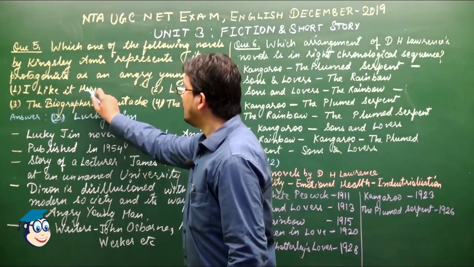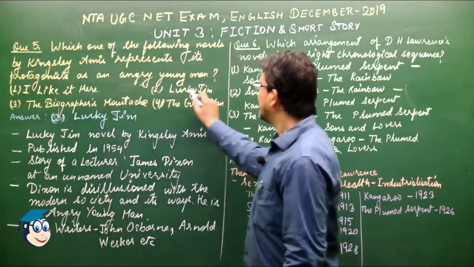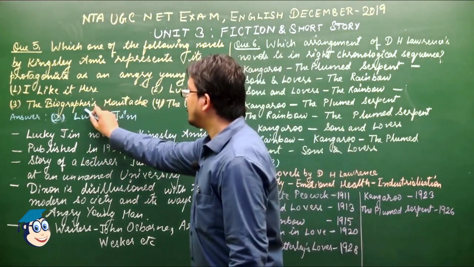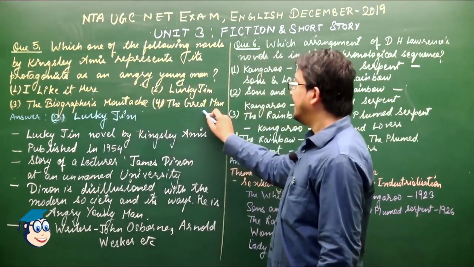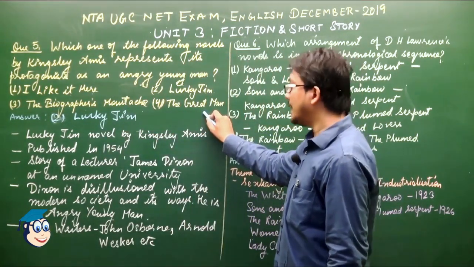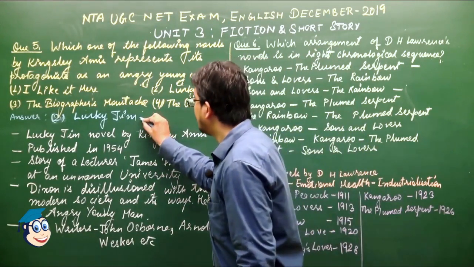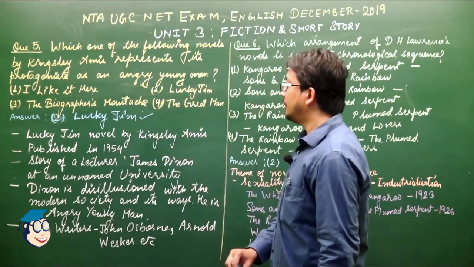So we have been given the 4 options: Lucky Jim, The Biographer's Moustache, and the 4th one, The Great Man. The correct answer is Lucky Jim by Kingsley Amis.